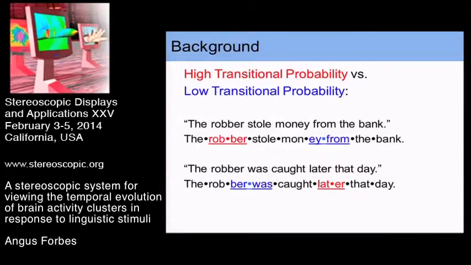If you have a sentence, it's not the robber stole money, it's the robber stole money from the bank, and yet we're able to realize that robber, those two syllables, are likely to go together and form a single word, where our E from, even though they run together, doesn't occur in very many words, or if in any words, and therefore we interpret that as a word break. And there's another example below.